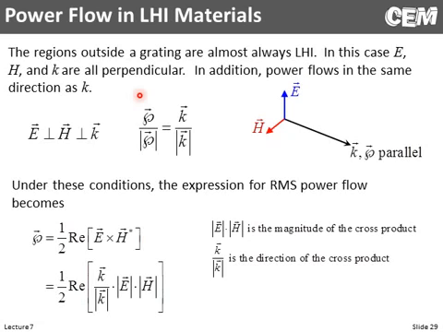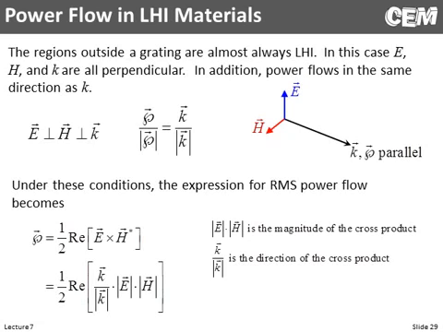So now what I can do is figure out what this cross product is. Since I know they're at 90 degrees with respect to each other, I know the magnitude of the cross product is going to be the product of their magnitudes separately. The magnitude of E times the magnitude of H. That will be the magnitude of the cross product because they're at 90 degrees with respect to each other. I also know the direction of the cross product.